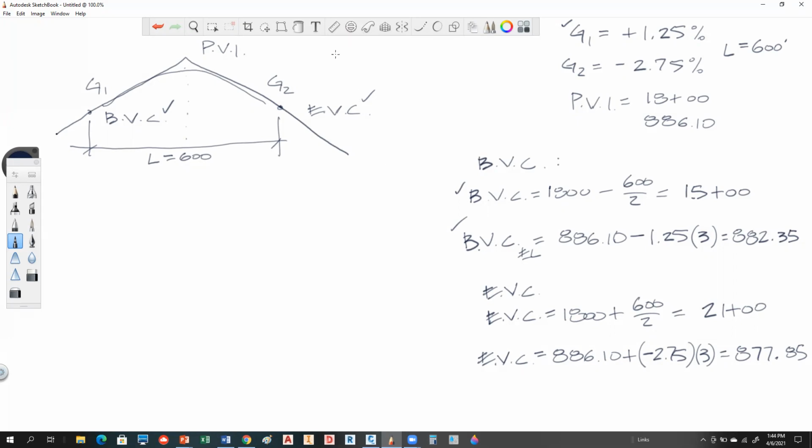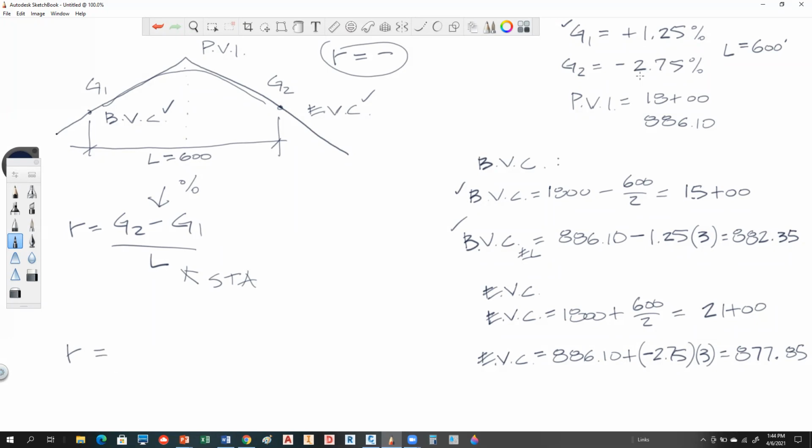So what I said before, this R has to have a negative value. Watch what we're going to do here. R is defined as G2 minus G1 divided by L. We're going to express these grades in percent, and L in stations, just like we did before. So what is G2?